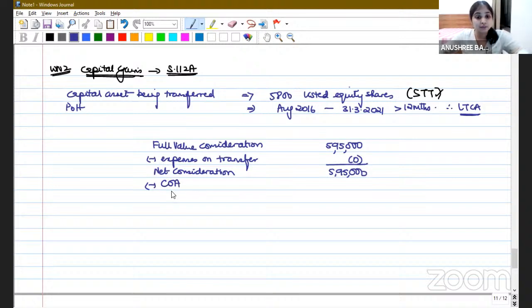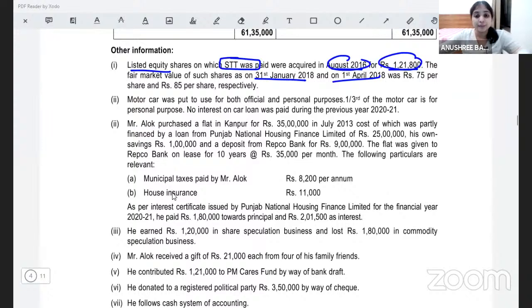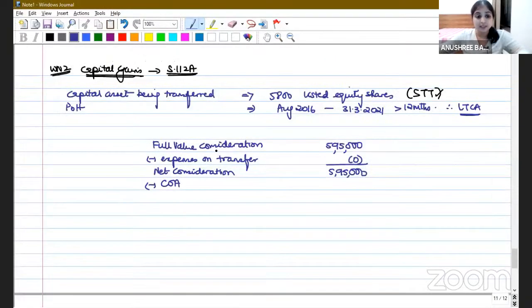Now, how to compute cost of acquisition? We purchased shares in August 2016, which means we had purchased them before 31st Jan 2018. Whenever you purchase the shares before 31st Jan 2018, you have a special method to compute the cost of acquisition. Let us do that calculation over here. I'll just make a rough calculation.